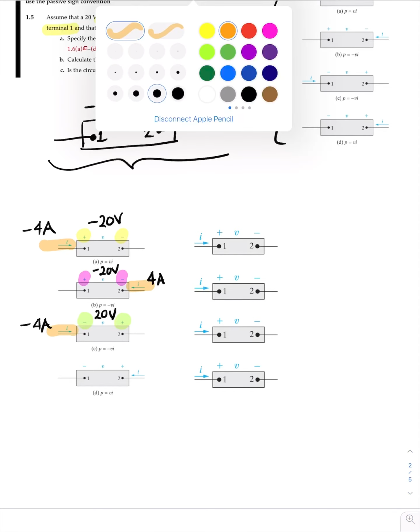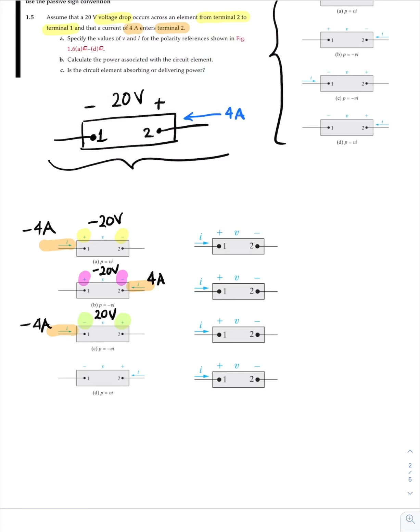Let's see, I haven't used pink. With the last circuit element, our voltage polarity is defined as negative at terminal 1 and positive at terminal 2, which lines up with our defined voltage polarity. So we would have a positive 20 volts.